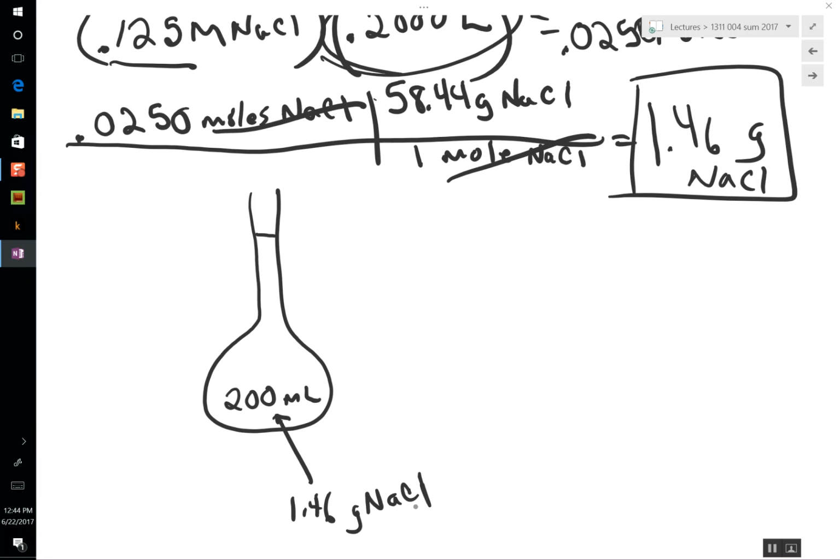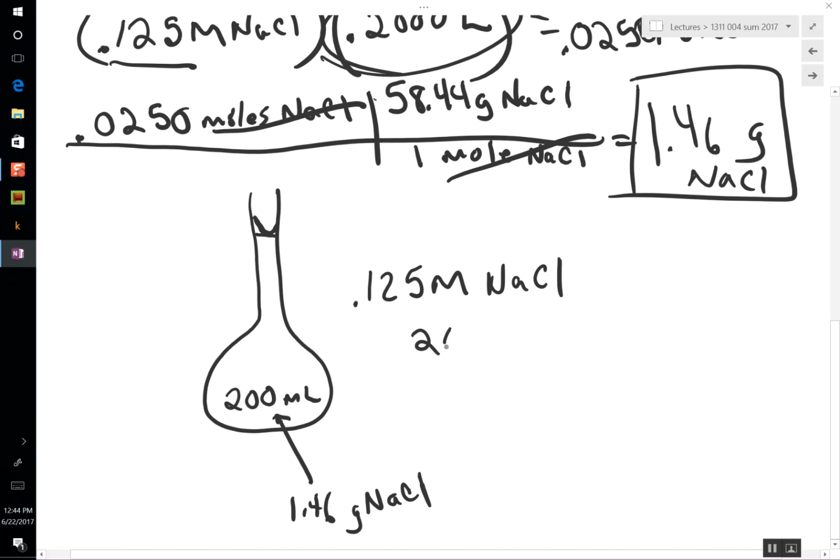Probably rinse out what they weighed it in so that they know they got every little bit of that in there, and then they're going to fill it right up to there with water, and they would have a 0.125 molar NaCl solution, 200 milliliters of it.